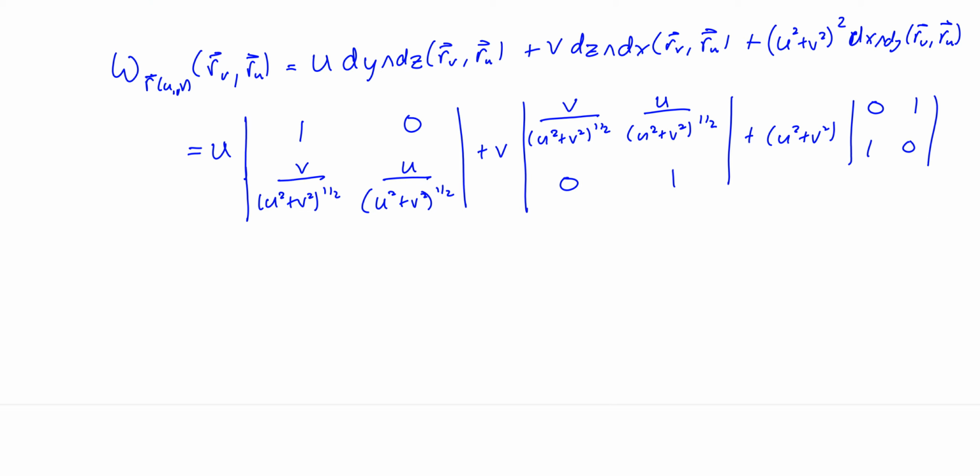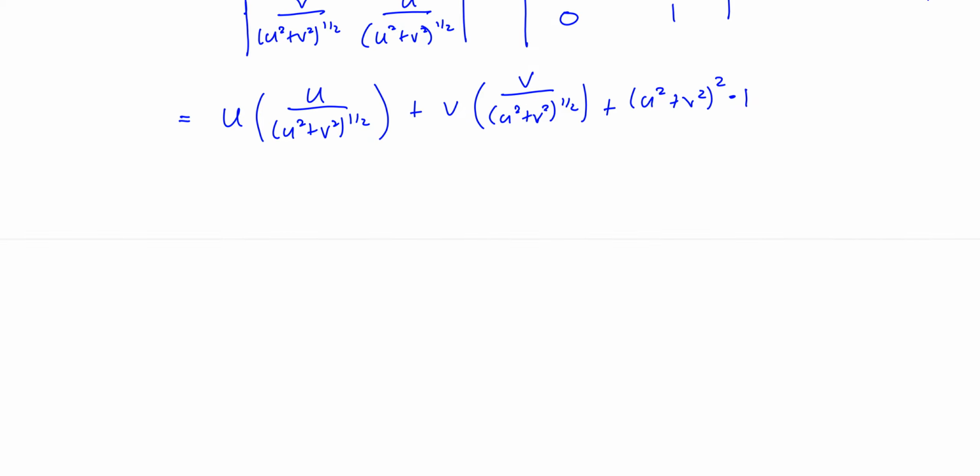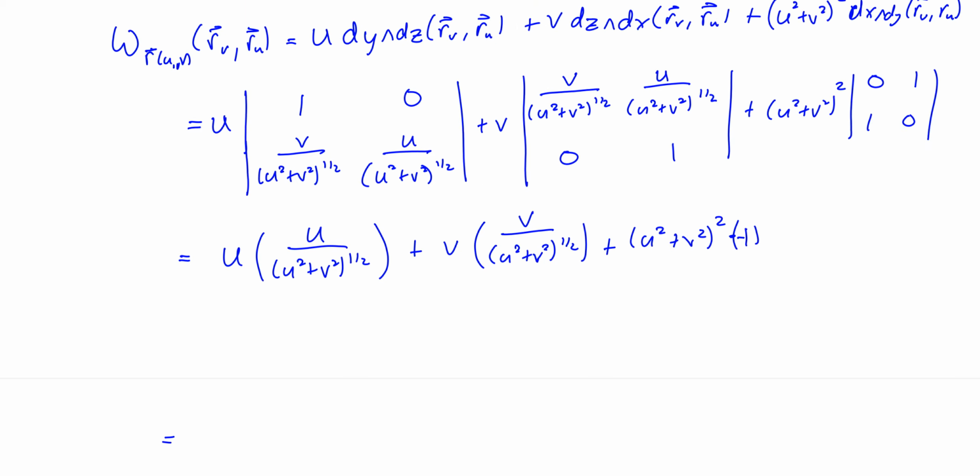So now take these determinants. This is u times u over (u squared plus v squared) to the 1/2, plus v times v over (u squared plus v squared) to the 1/2, and then plus (u squared plus v squared) squared times, sorry, this determinant here is a -1.